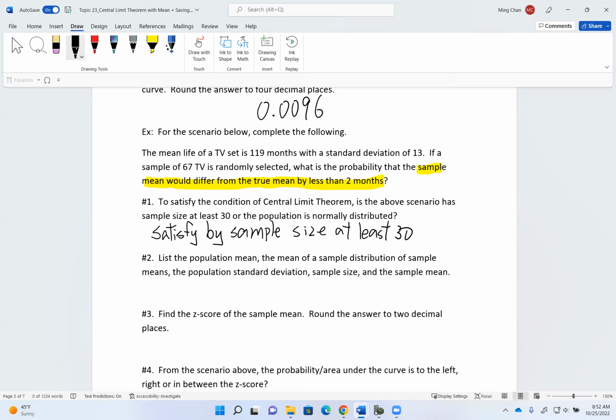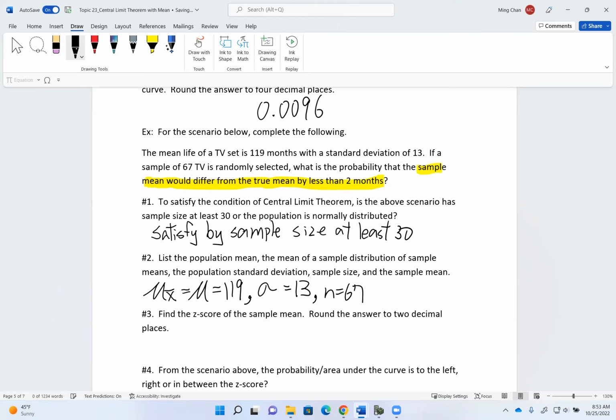So the mean of the sampling distribution of the sample mean is going to eventually equal the true mean based on the central limit theorem, which is 119. The true population standard deviation is 13, and the sample size is 67.